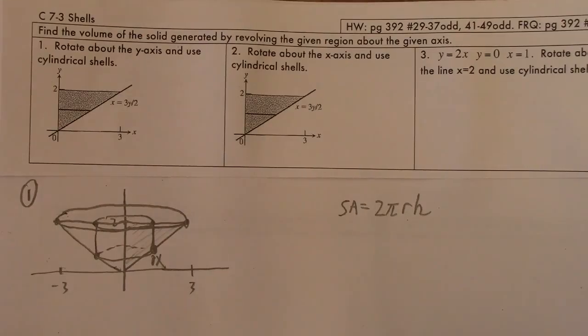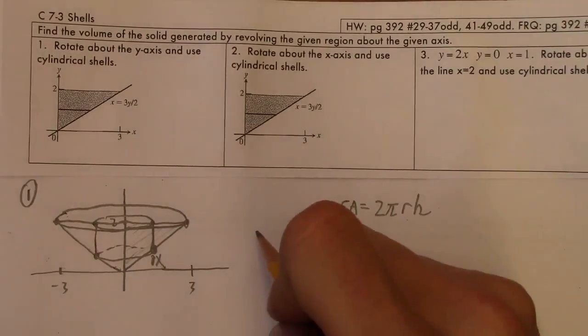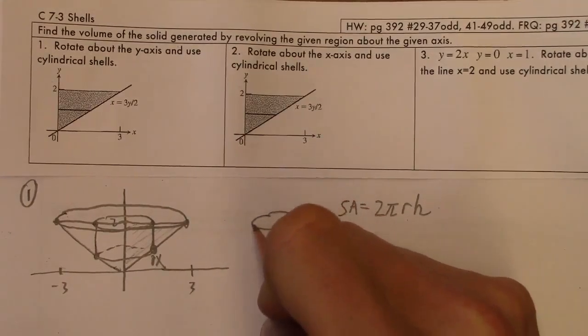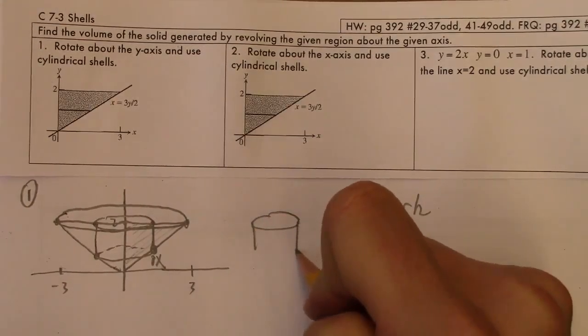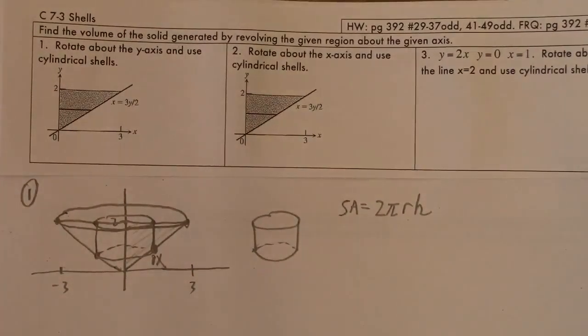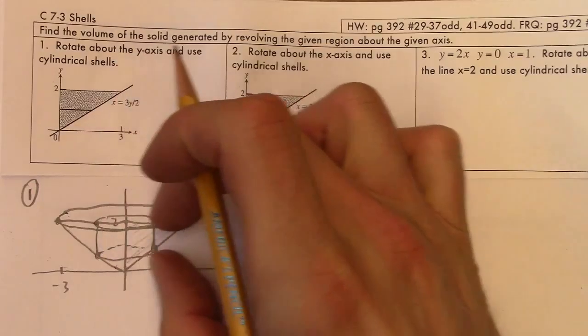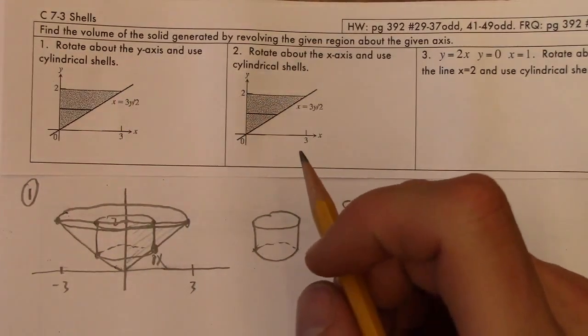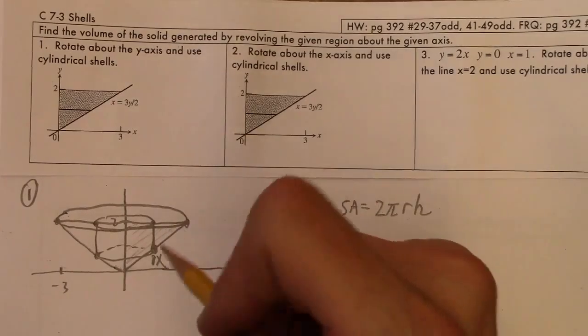So we need to somehow ground our problem. We need to connect our cylinder to the equation that we have, the original equation. So there's my cylinder. So okay, I have my cylinder in here, and I'm going to pull it out, and then I'm going to try to connect that cylinder to the equation.